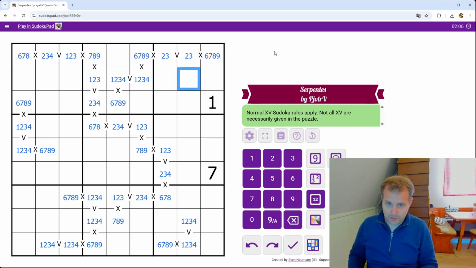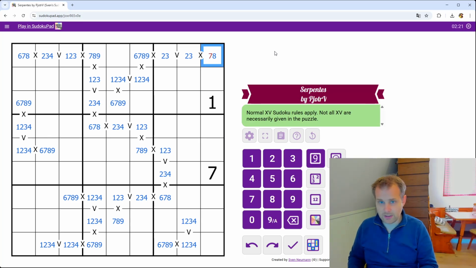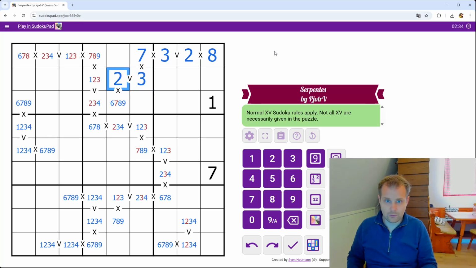Okay, because this is a 1, this doesn't have 1, 4, so it's 2, 3, and this can't be 6 or 9, therefore it can't be 7 because of the 7 in the column, so this must be an 8. So 2, 3, and 7, 3, 2, 8.